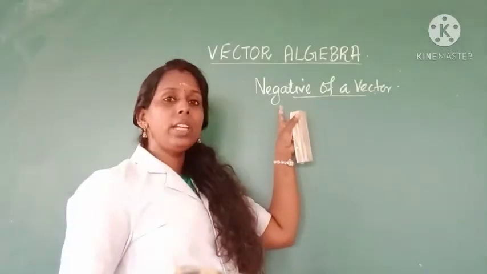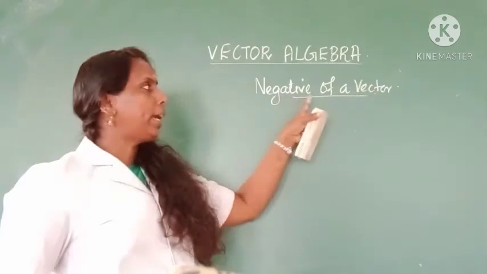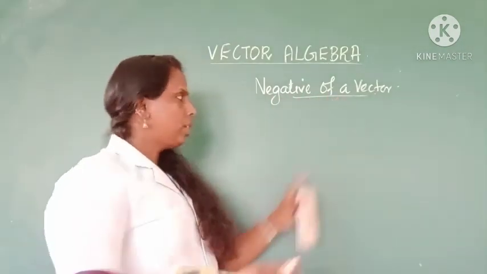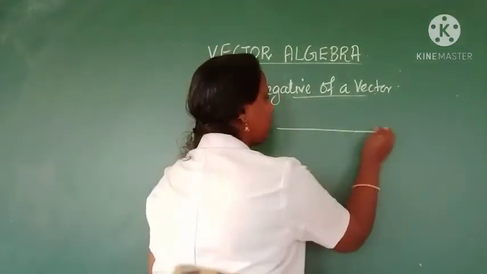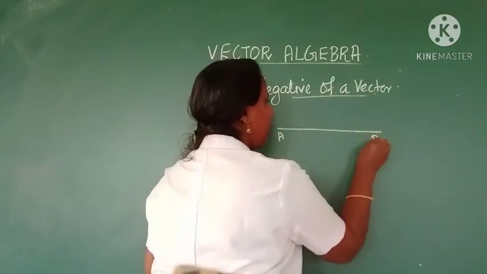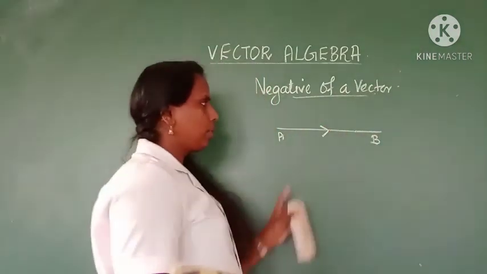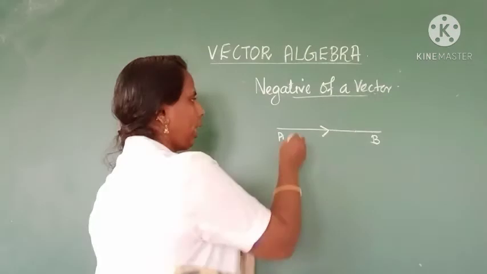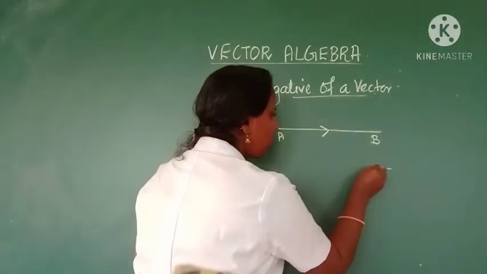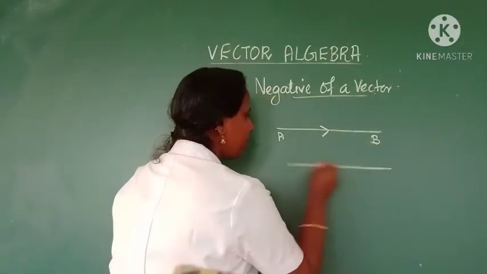Negative of a vector. What do you mean by negative of a vector? Suppose we have a vector AB, and see the direction.